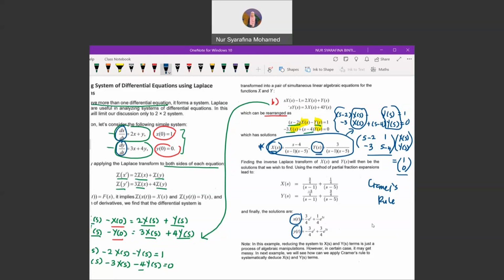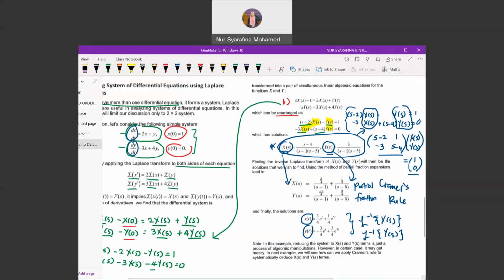These X(s) and Y(s) need to be simplified first by using partial fractions, and then we can get x(t) and y(t) by the inverse transform of X(s) and the inverse transform of Y(s). Theoretically, these are the steps of solving a system of differential equations.